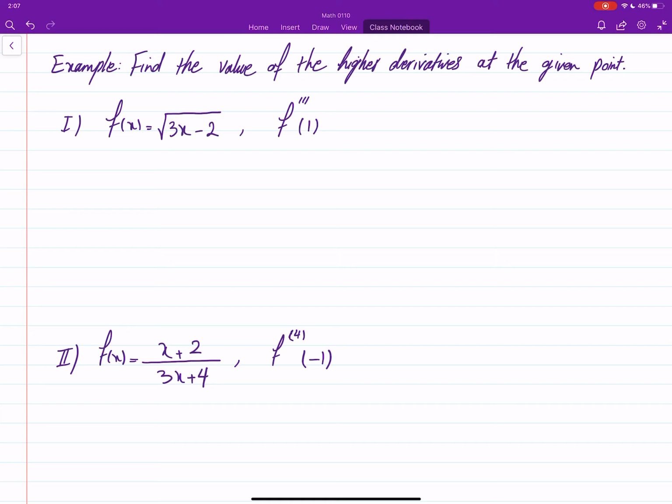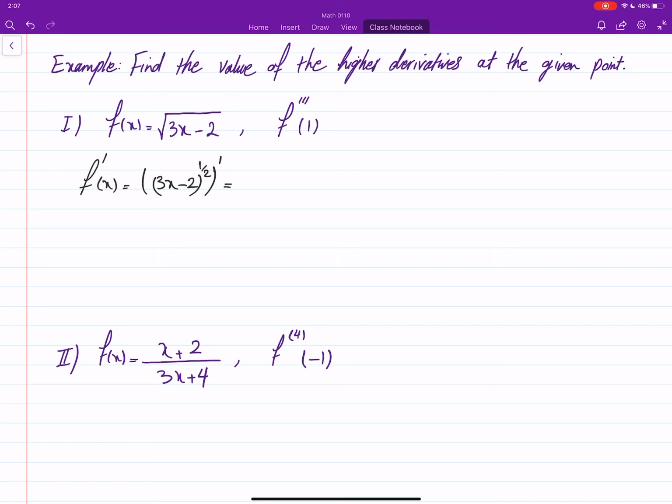To start, we have to find the first derivative. The first derivative, you see that this is basically (3x minus 2) to the power half, prime.